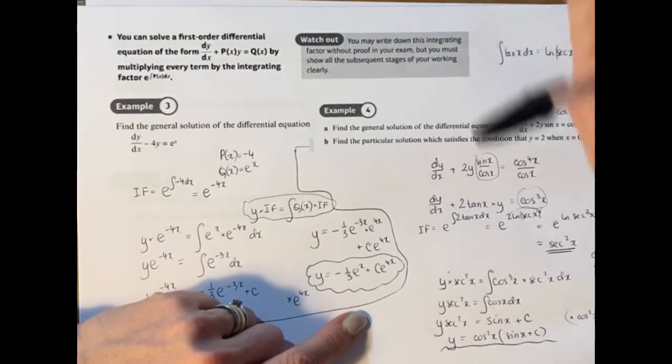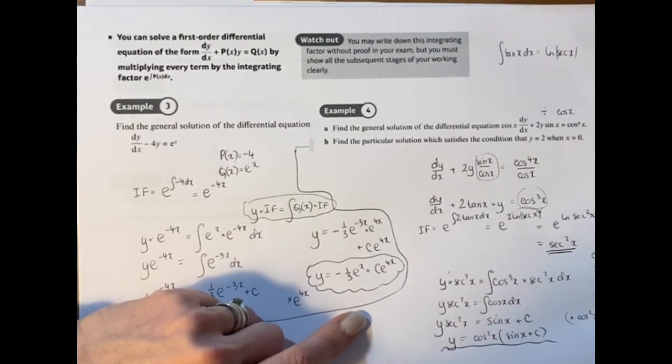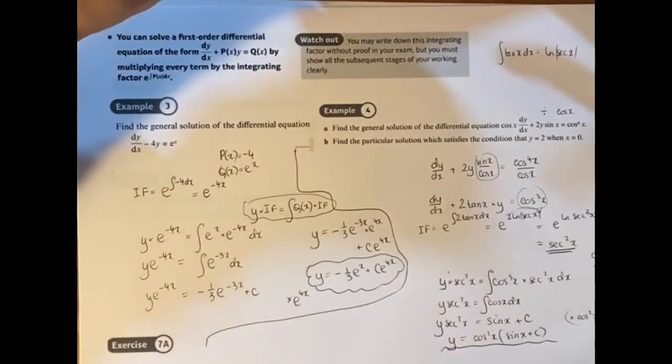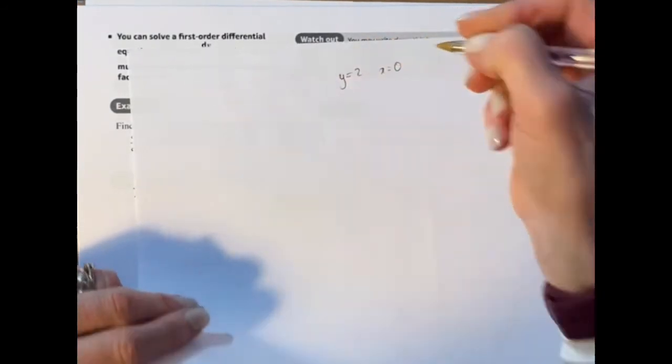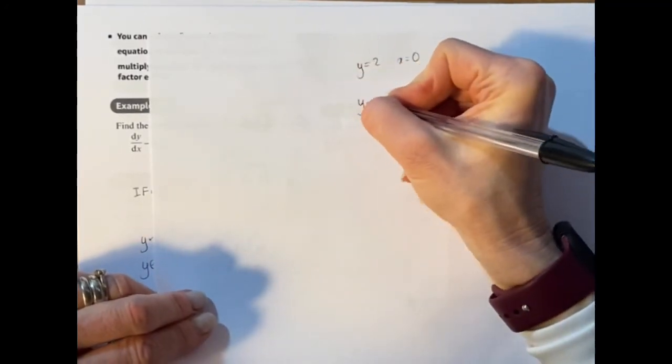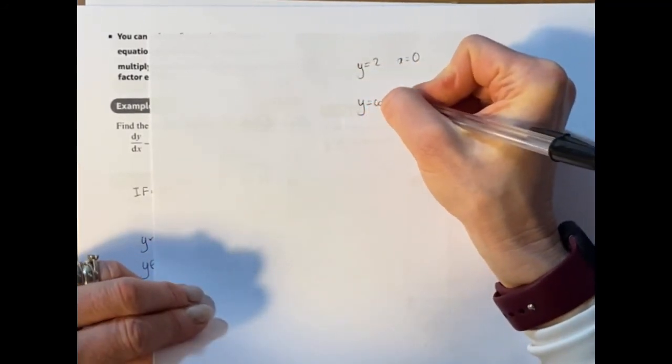For part B, let me just grab another piece of paper. We're going to find a particular solution to this equation, given that y is equal to 2 and x is equal to 0. So the solution of that we had was y equals, that was the general solution.